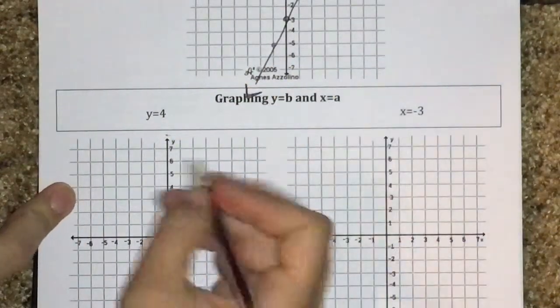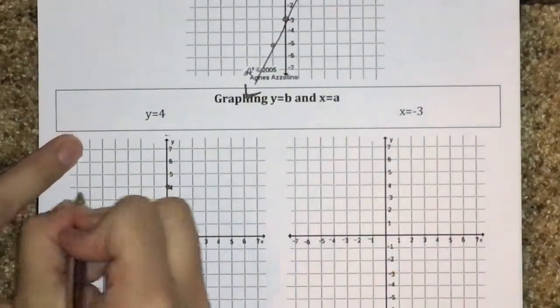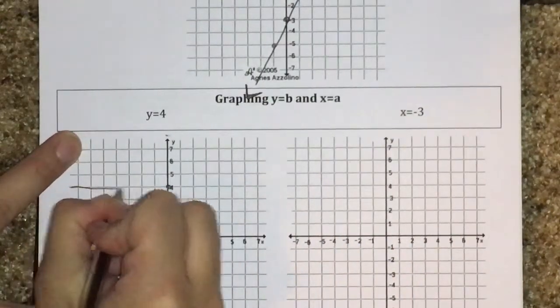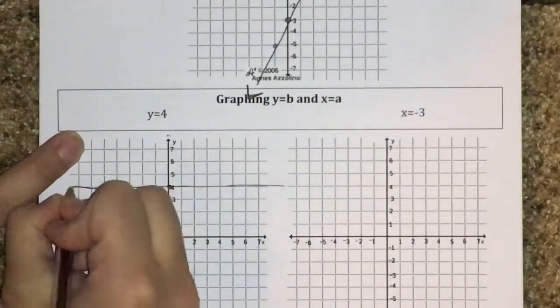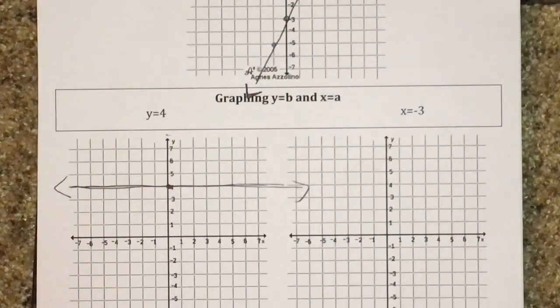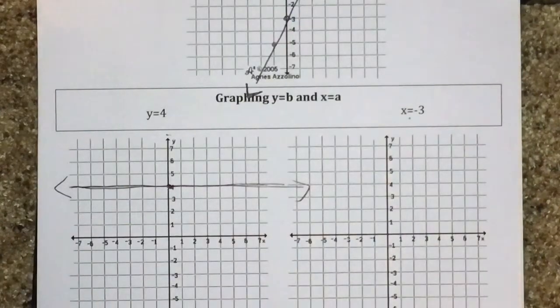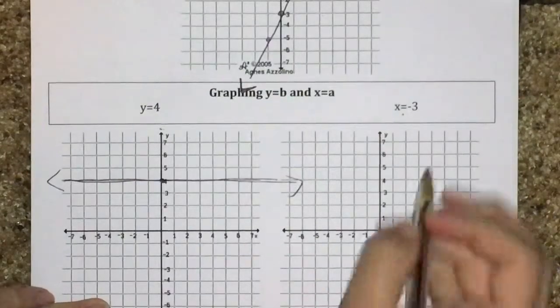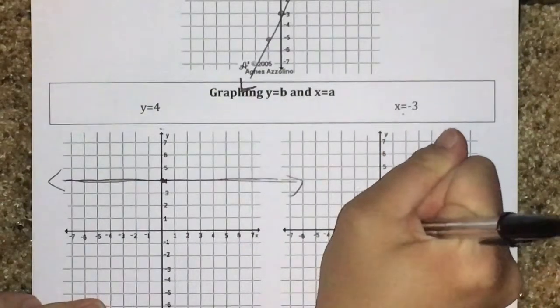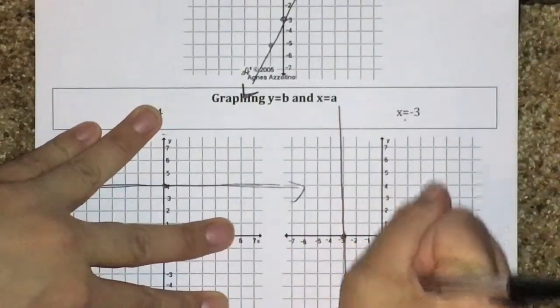You're going to go to that number, so in this case it's 4, draw a dot, and draw one solid line through that dot, going the opposite way of the y-axis. And then for x equals negative 3, you're going to do the same thing but with the x-axis. You go to where x is negative 3, do your dot, and then it goes the opposite way of the axis.